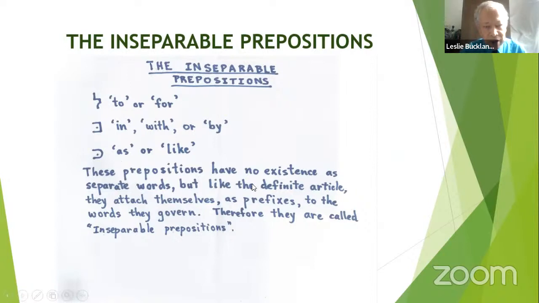Just like the definite article becomes a part of the noun because it is attached to the noun, so these inseparable prepositions join themselves to the noun that comes after them, and so they are called prepositions that are not able to be separated from the noun.